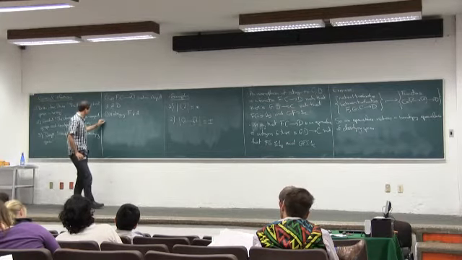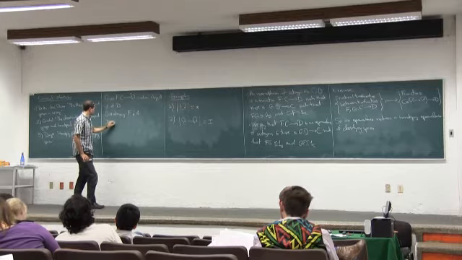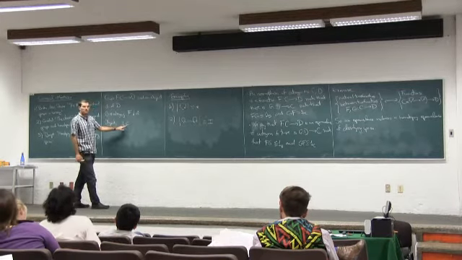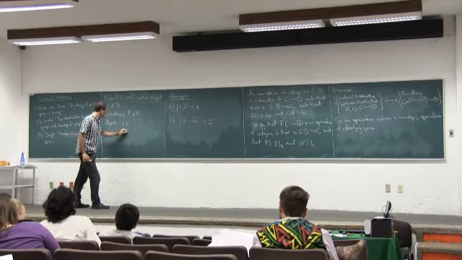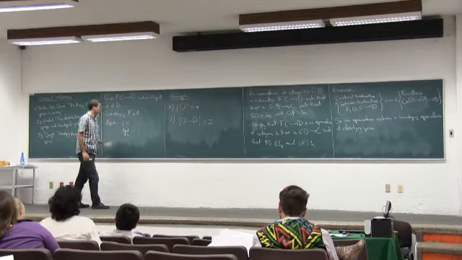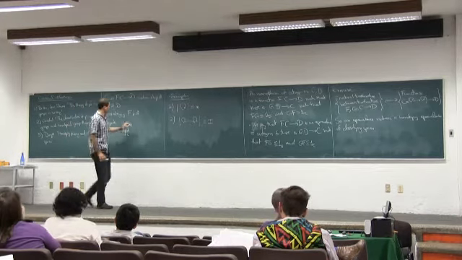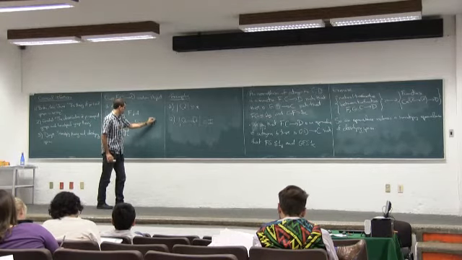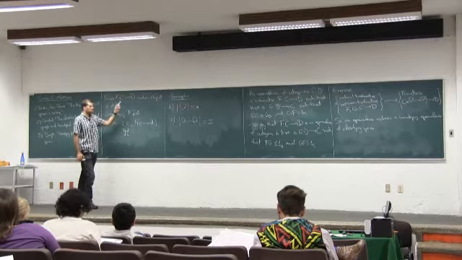So the objects are given as follows. It is first an object of C and a morphism from F of C to D. And this morphism is a morphism in D.